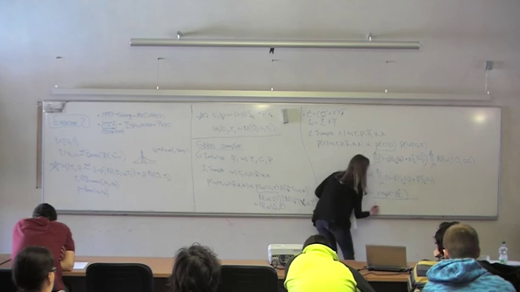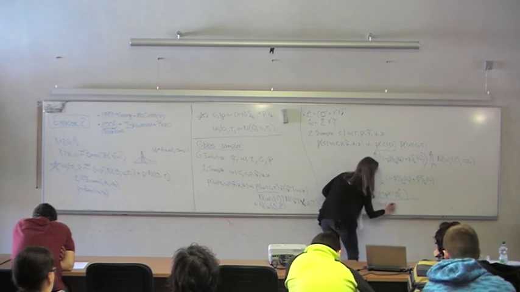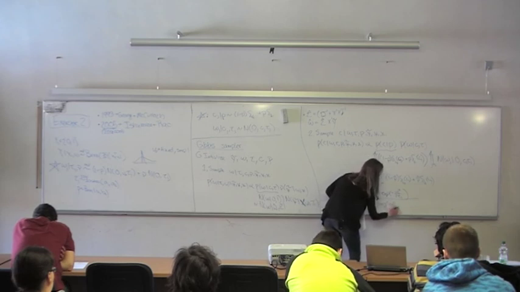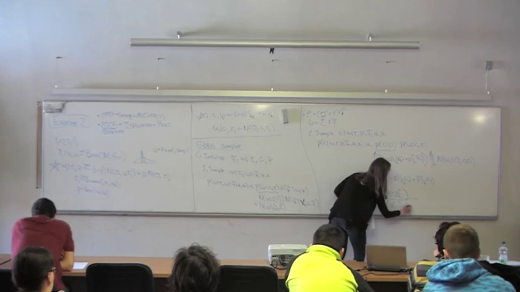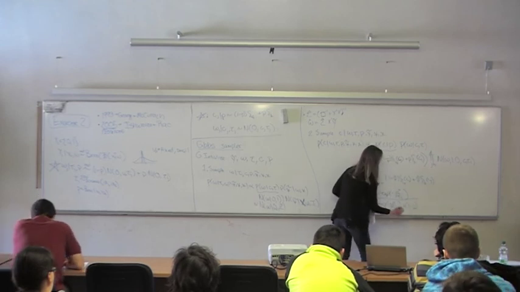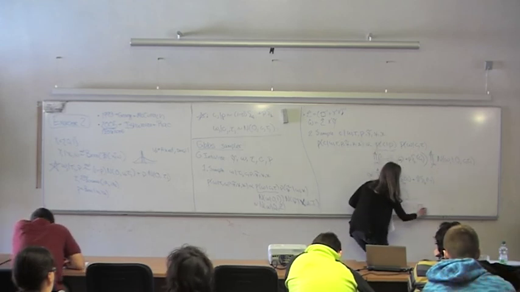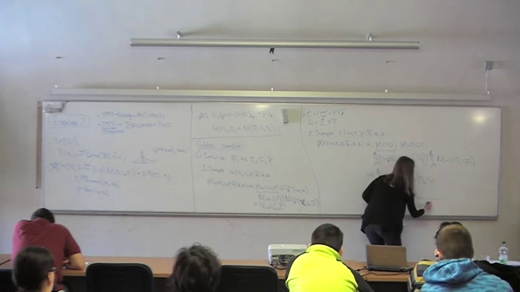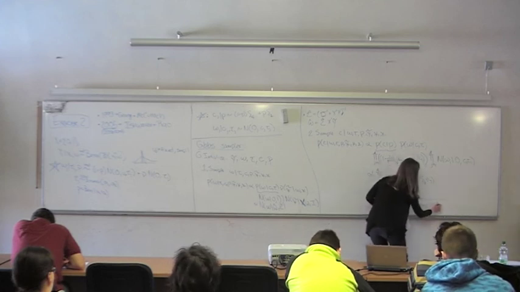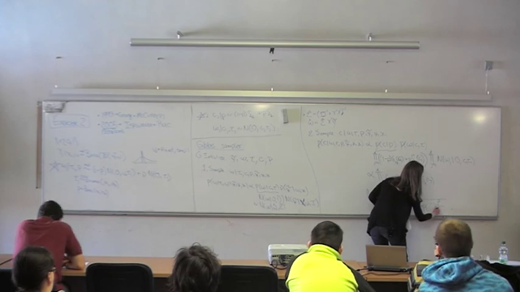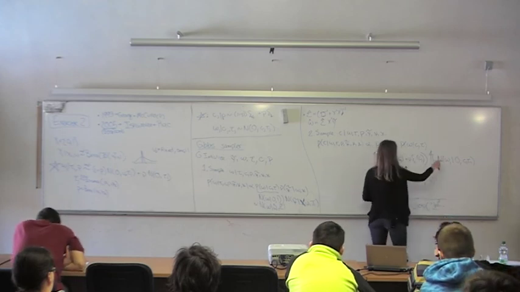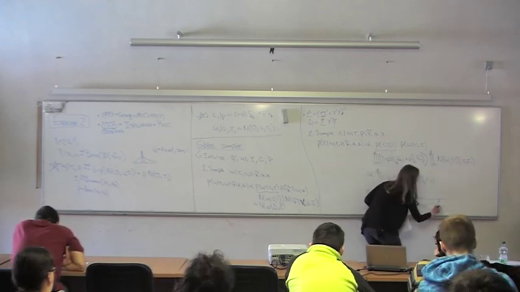And then we divide. Okay, and this is when Cj is equal to V naught.